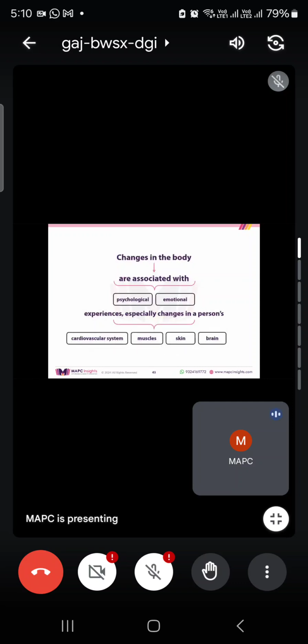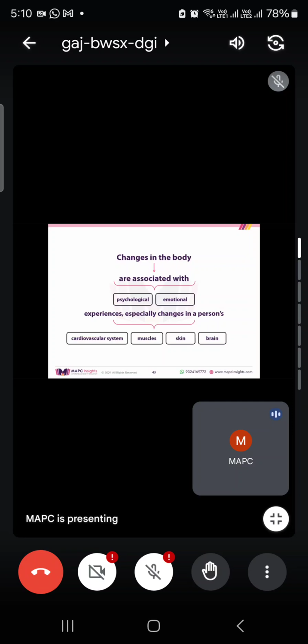Changes in the body are associated with psychological and emotional experiences. So what psychological or emotional experiences make the changes in our body? Like what changes? The heart rate, the muscles, skin, and the breath.